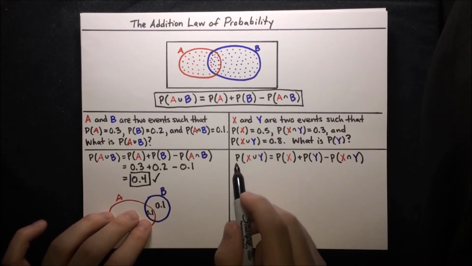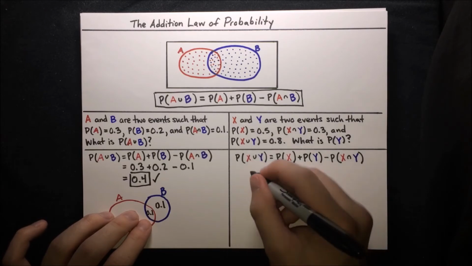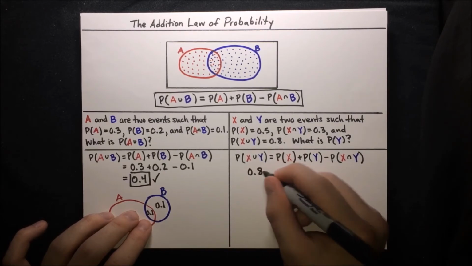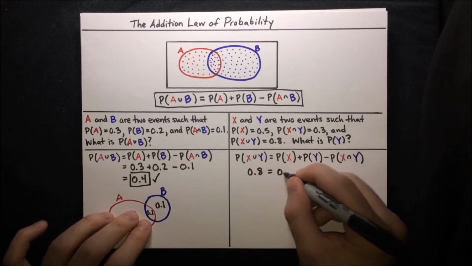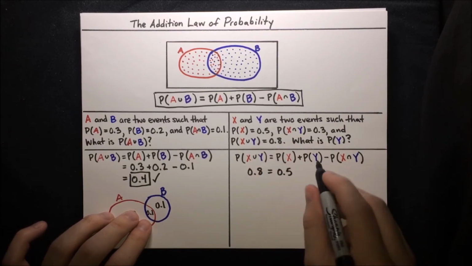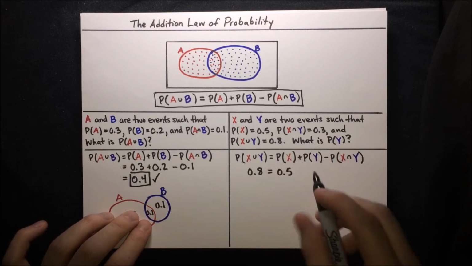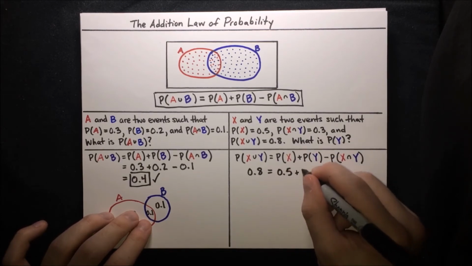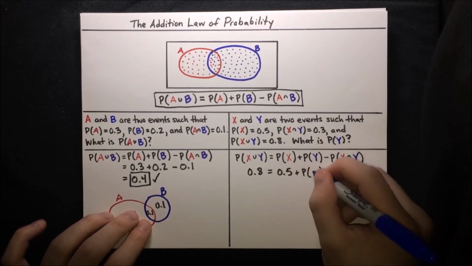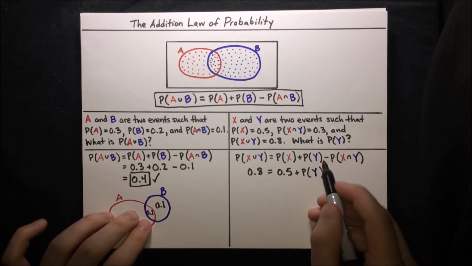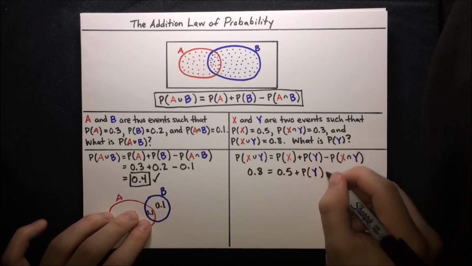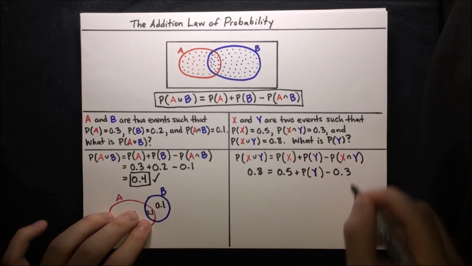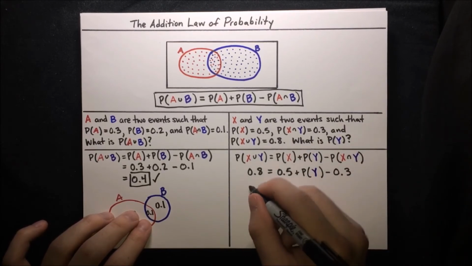Alright, we're told that probability of X union Y is 0.8, so plug that in here. 0.8 equals probability of X, that's just 0.5. Then we've still got probability of Y, we don't know that, that's what we want to find, so leave that as probability of Y, and then minus probability of X intersect Y, and that is 0.3, so minus 0.3. Let's go ahead and simplify this.